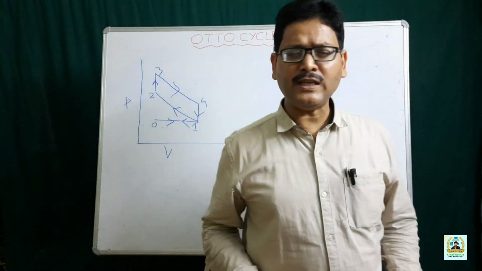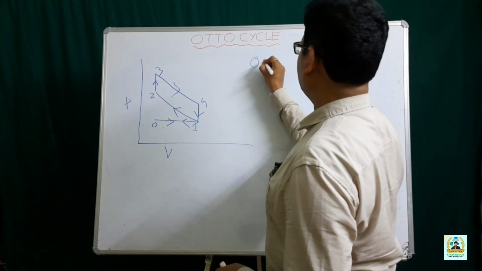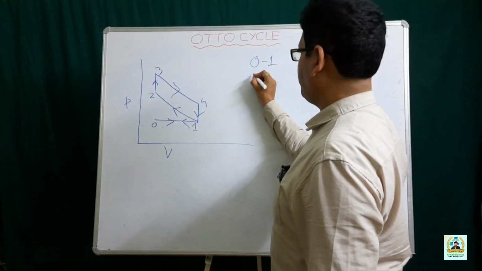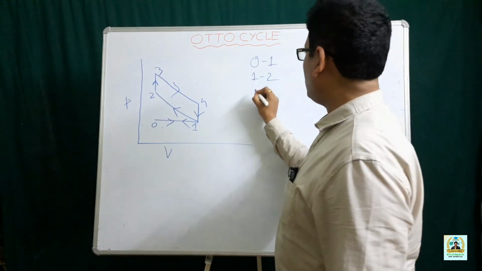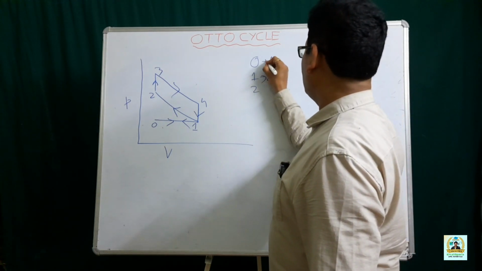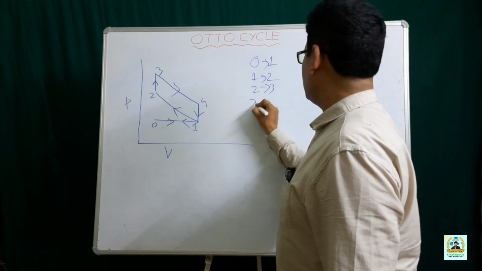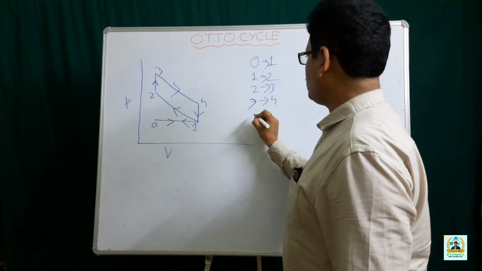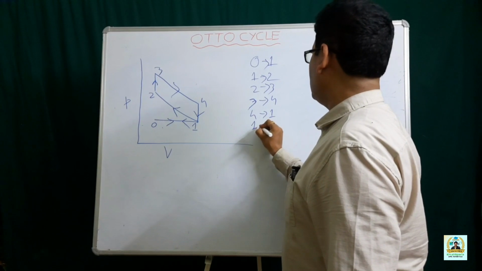So the 6 processes of a mechanical cycle are 0-1, next one is 1-2, next one is 2-3, next one is 3-4, next one is 4-1, and the last one is 1-0.